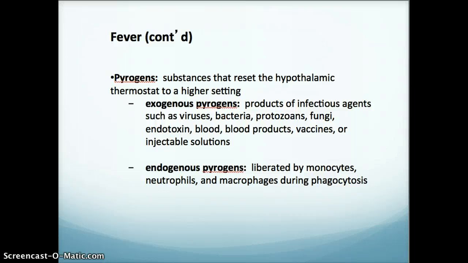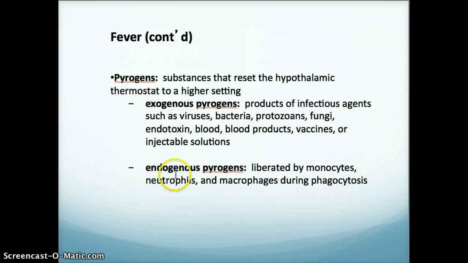And there are two different types of this. We can have exogenous pyrogens, and these are produced by infectious agents. So sometimes it can be viruses, bacteria, protozoa, fungi, and it can also be endotoxins and other things that can be put into the blood from outside that would cause an increase of our thermostat, so a fever.